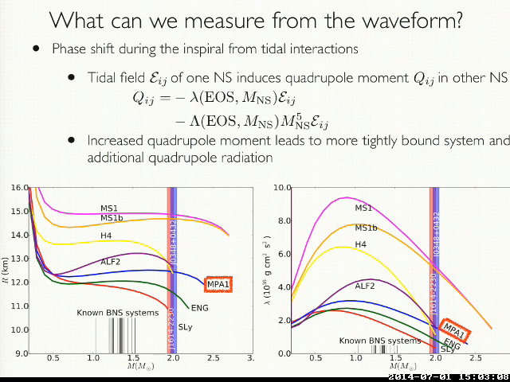And here is the same equation of state, but the tidal deformability parameter. So essentially, it looks like very similar behavior, slightly different. They scale in the same way, so stiff equations of state with large radii have large tidal parameters. Soft equations of state have small radii and small tidal parameters.